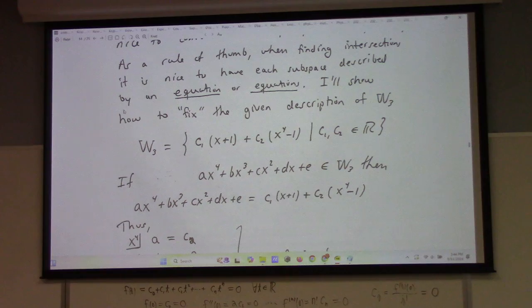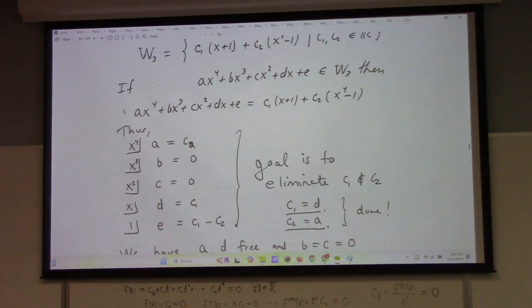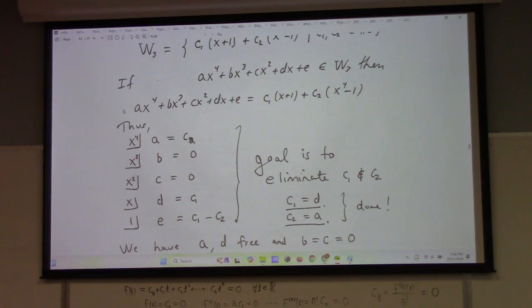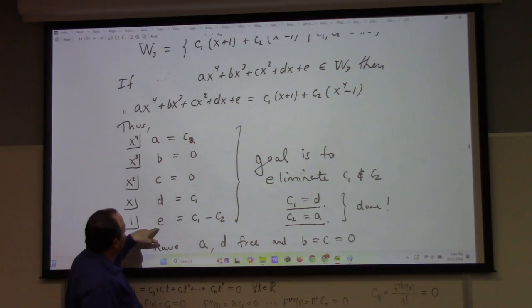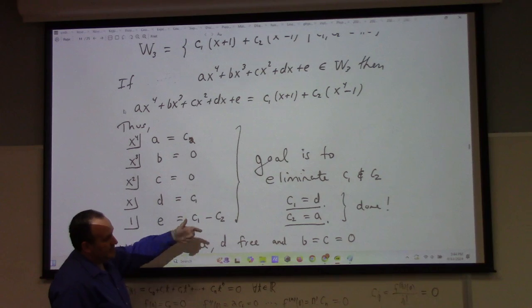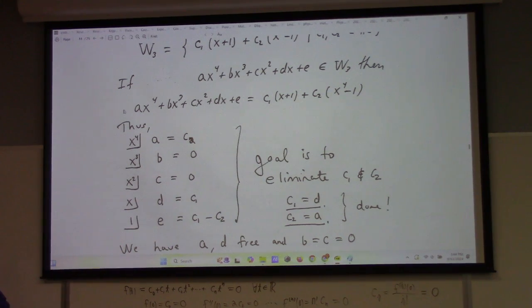And the name of the game is to eliminate C1 and C2. And I do that fairly easily because, well, B equals 0, that's simple enough. C equals 0, that's simple enough, right? And then I've got D as C1, and I've got A as C2, so then I've got E in terms of, well, A and D. So, yay.